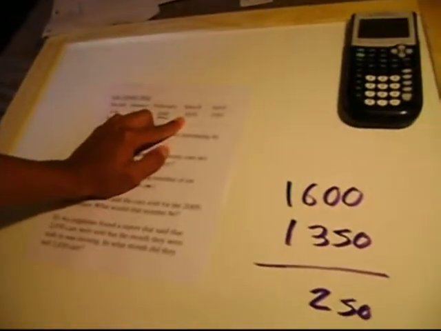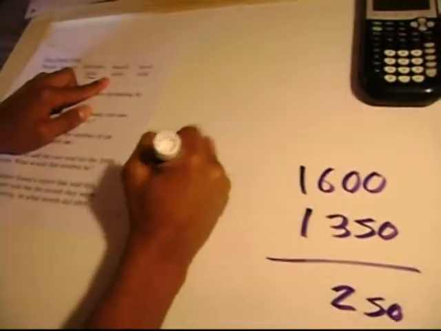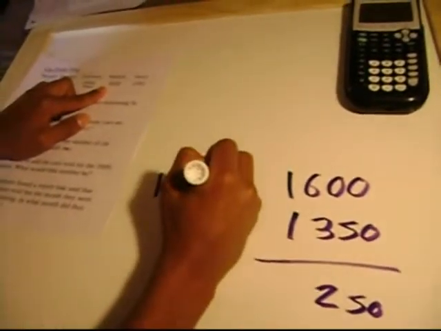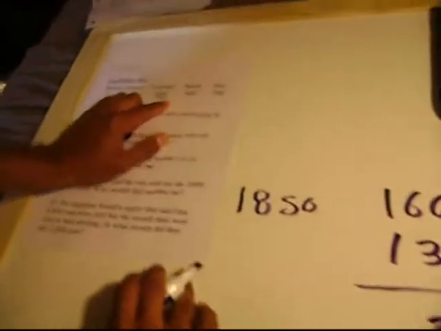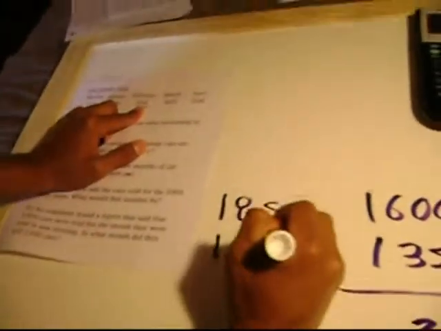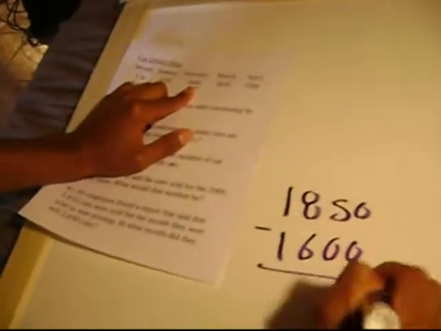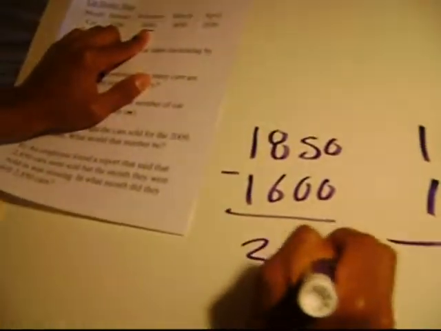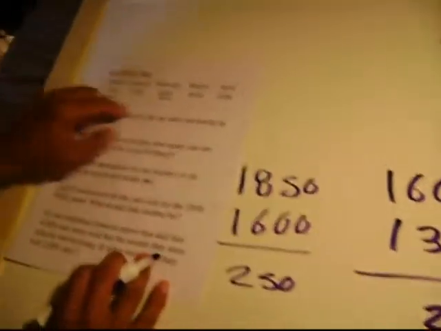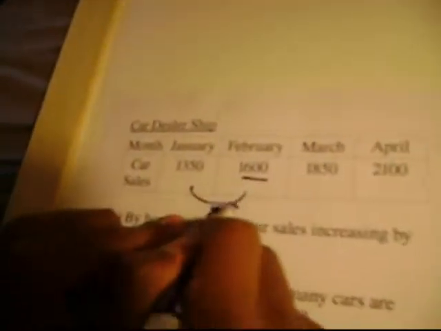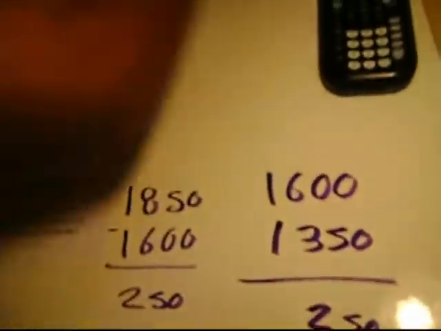So you would pick another month, March, where they sold 1,850 cars, and subtract the month before it, February, where they sold 1,600 cars. And once again, you would get 250. So the car sales are increasing by 250 every month. There is your first question answered.